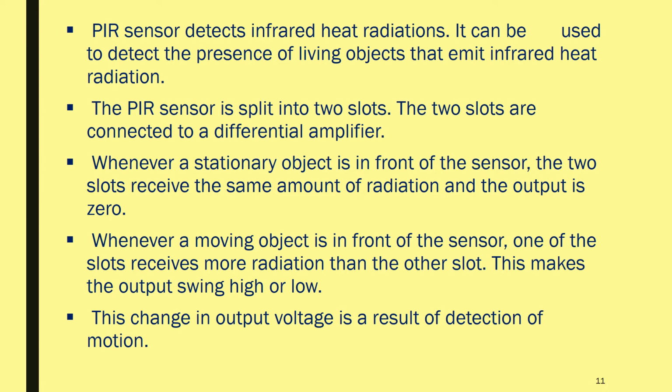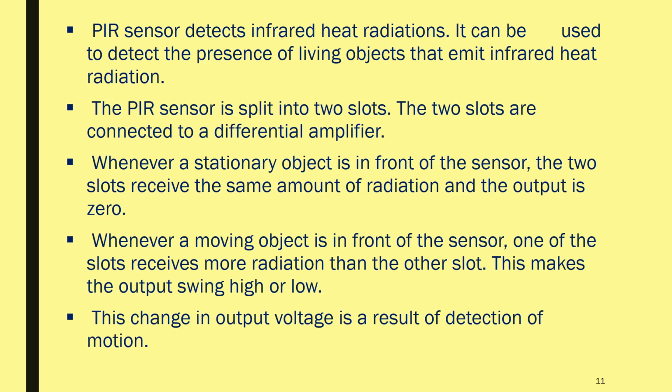As far as today's topic is considered, in this particular session we are talking about a passive infrared kind of detector. It is a sensor, the passive infrared sensor, PIR sensor, that detects infrared heat radiation. It can be used to detect the presence of living objects that emit infrared heat radiation. Especially, the PIR sensor is split into two slots.